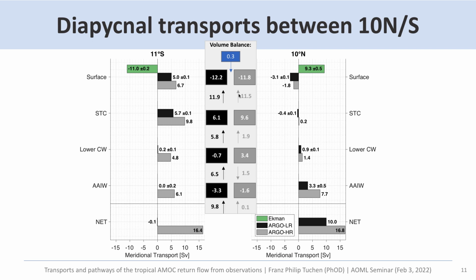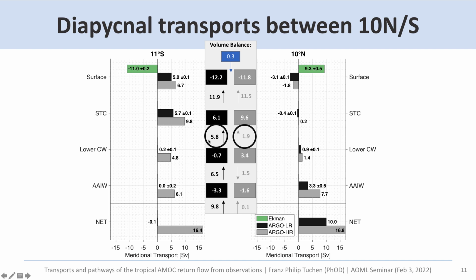And we also did this for the low resolution product. And the numbers that we are looking for are these two. These are now our estimates from Argo data of how much water is upwelled, or how much diapycnal transport we can see into the STC layer.